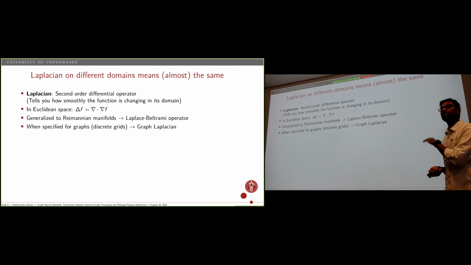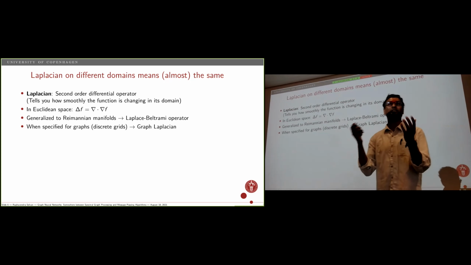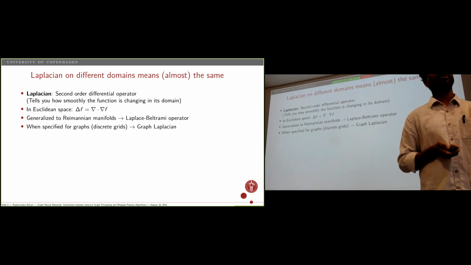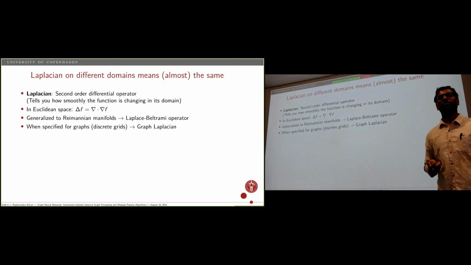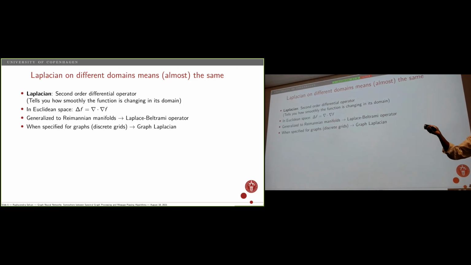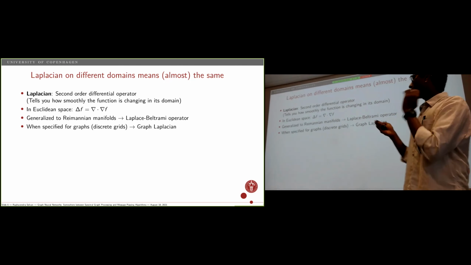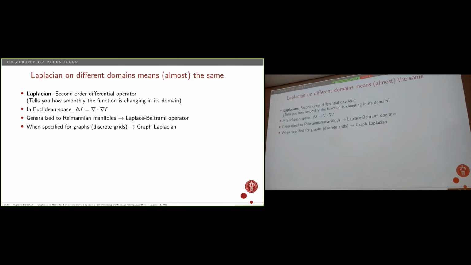If you are in Euclidean, one-dimensional functions, it's sort of like your second derivative, right? So you just get an idea of how smooth your particular function is, and then as you get into a Riemannian manifold, that's what the Laplace-Beltrami operator was. But what we are going to be interested in is discrete grids.